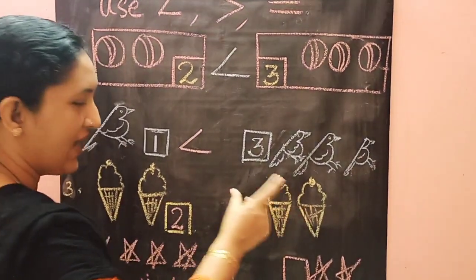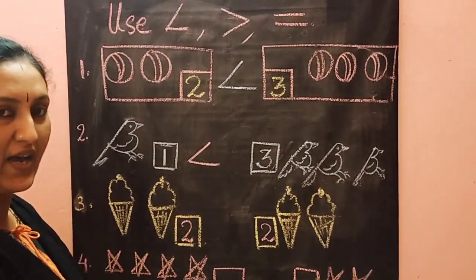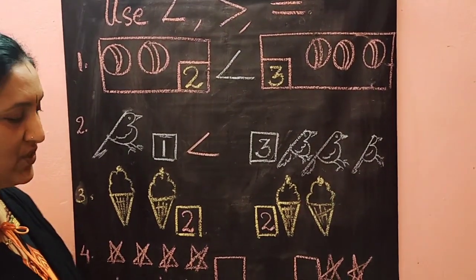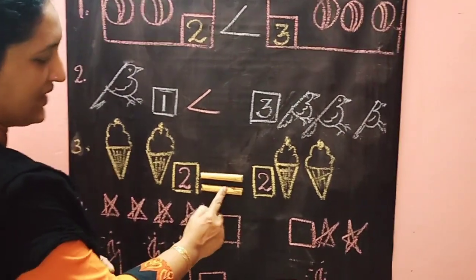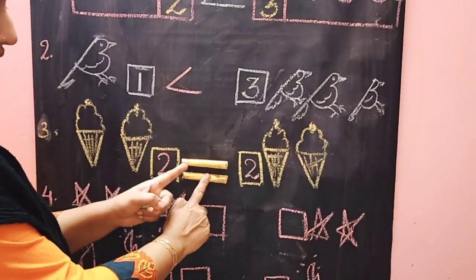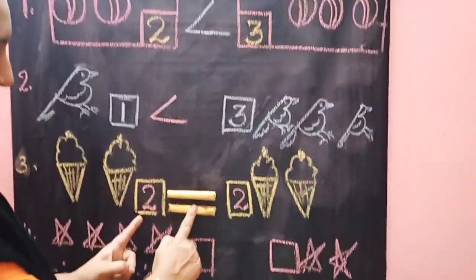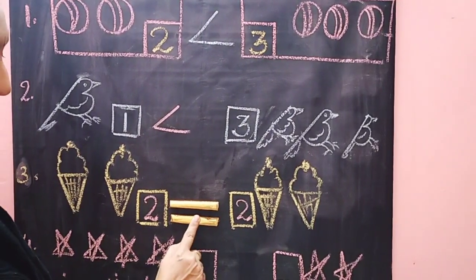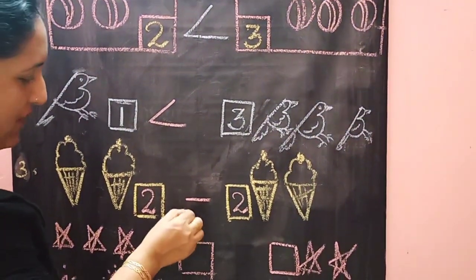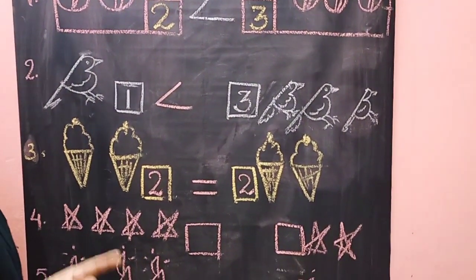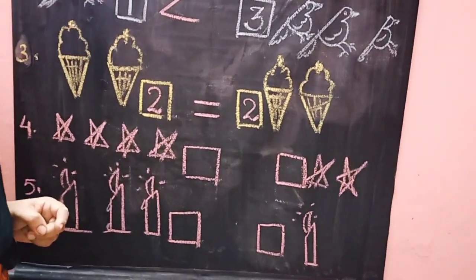Both groups have an equal number of ice creams. So which symbol do you need to use here? Yes, equal symbol. How can you read this? 2 equal to 2. So the equal symbol comes here. Now we can move to the next problem.